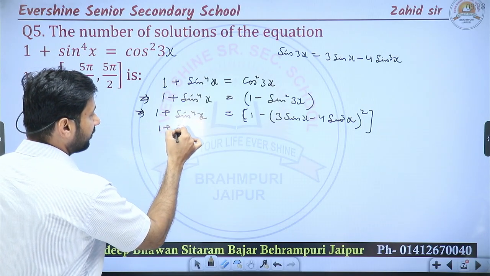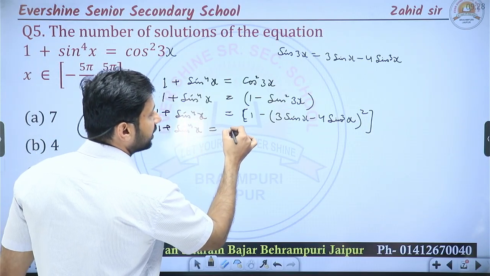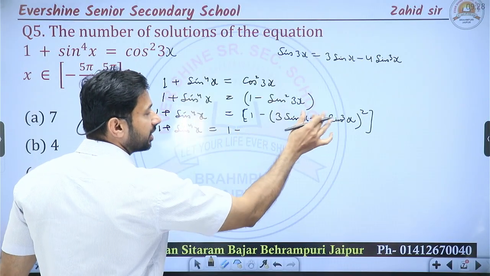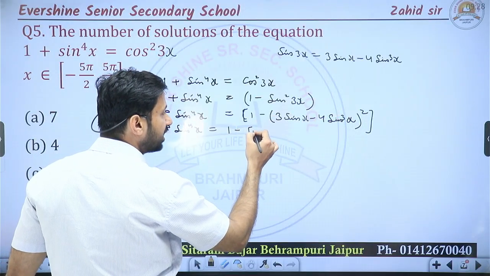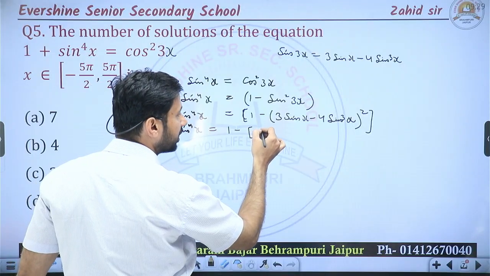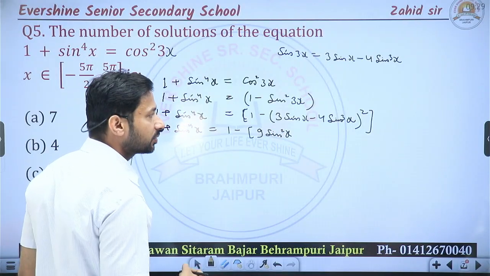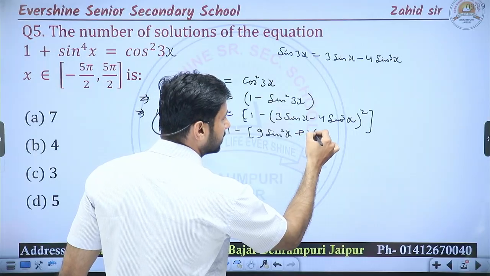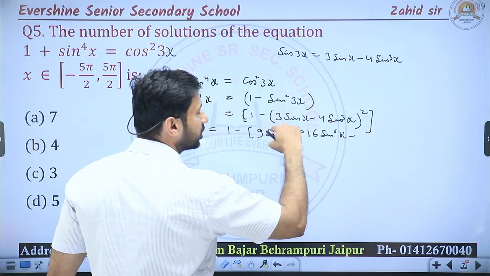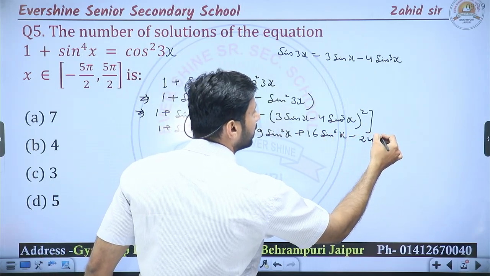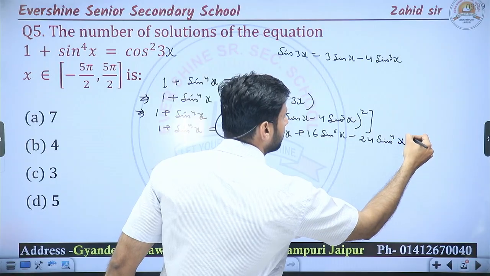Now, this will be opened by the identity of (a minus b) whole square. So it will be a square, 9 sin square x, plus 4 4s are 16 sin raised to the power 6x, and minus 4 is 12, 2s are 24, 24 sin raised to the power 4x. Okay, I have just applied the identity here.